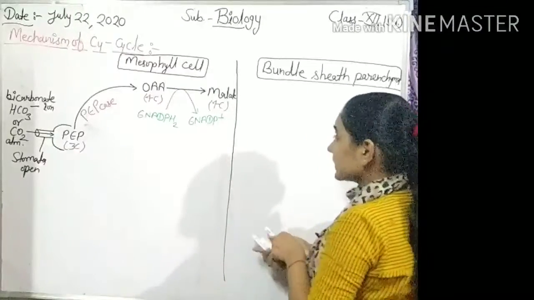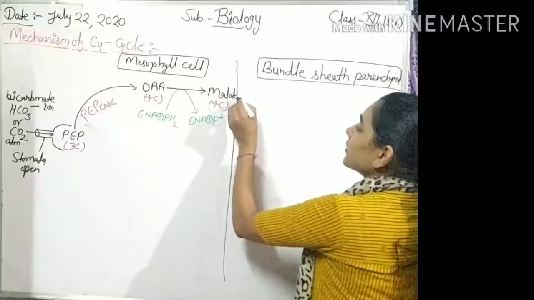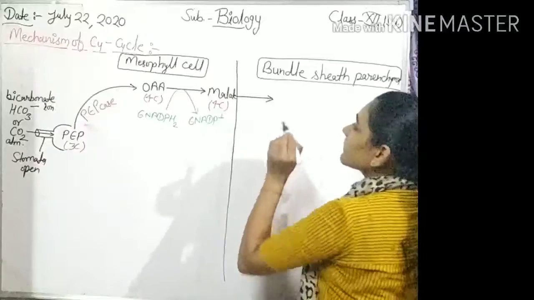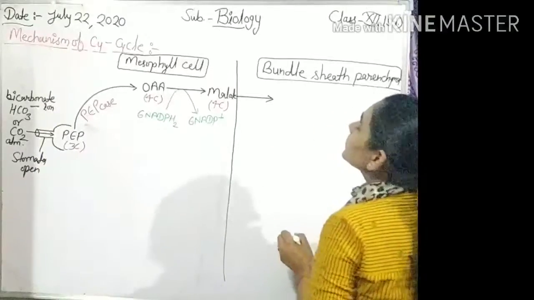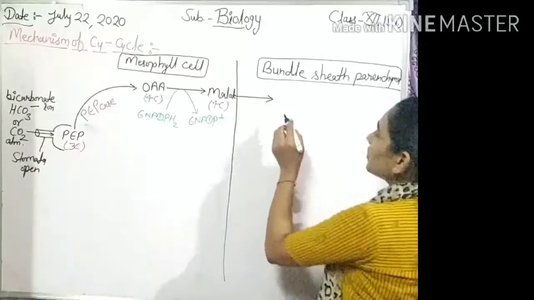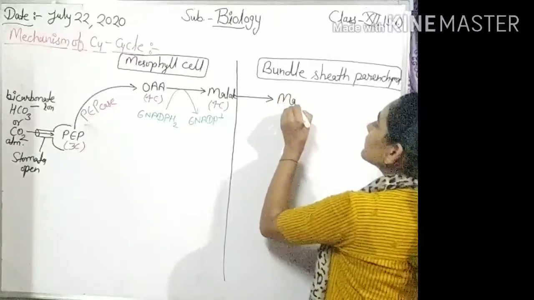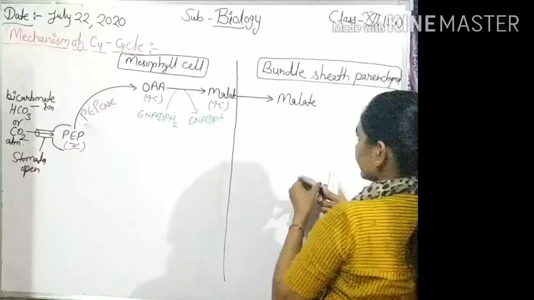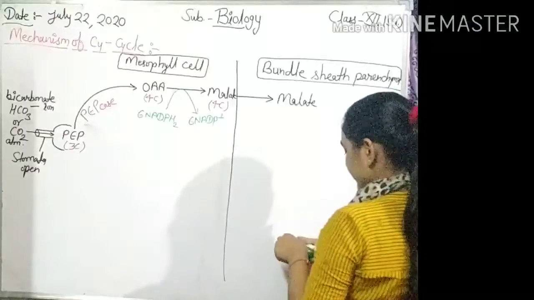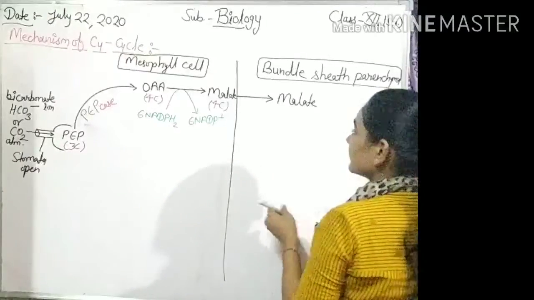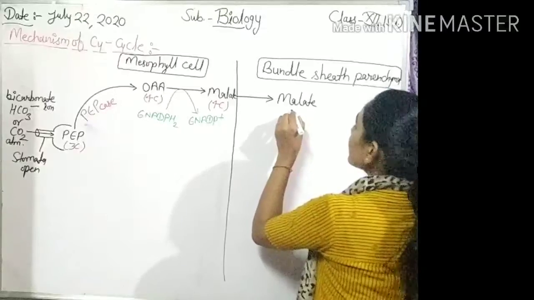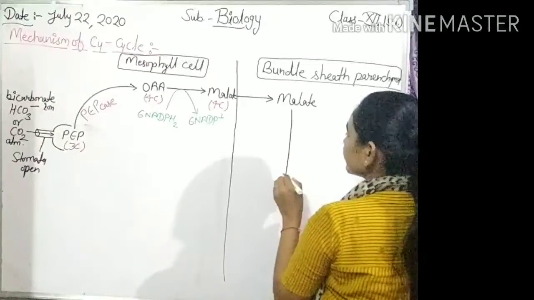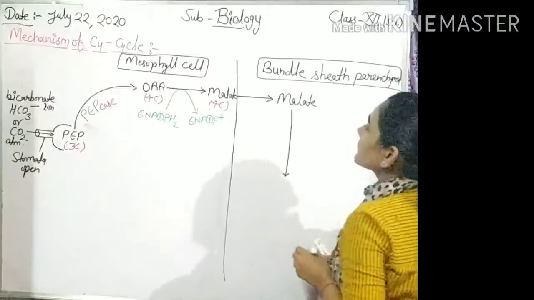From mesophyll cells, malate or malic acid passes to the bundle sheath cells. In bundle sheath cells, decarboxylation takes place.